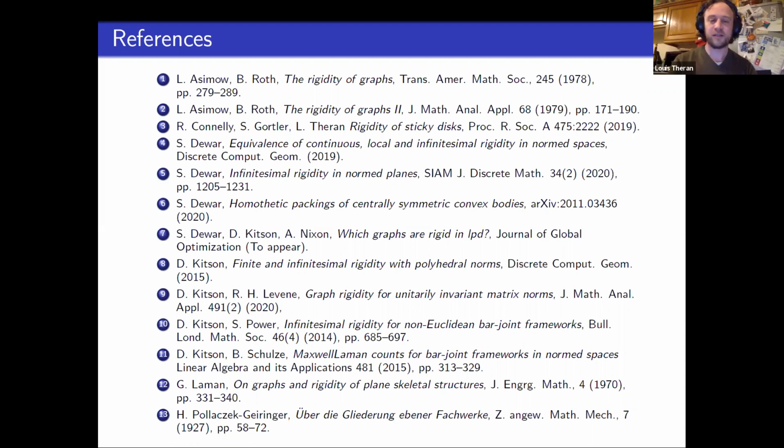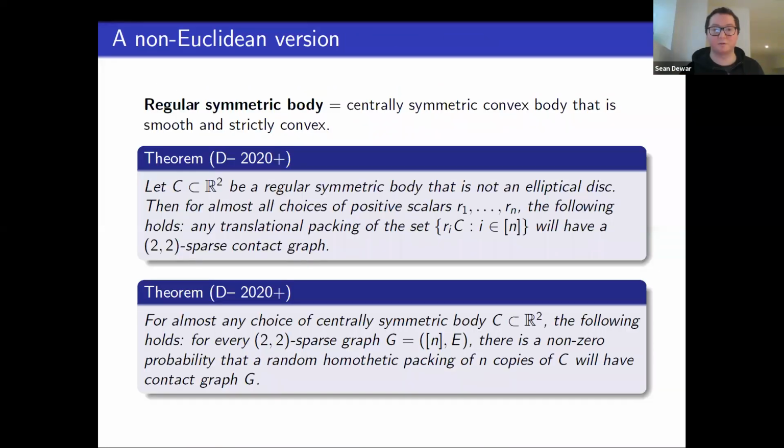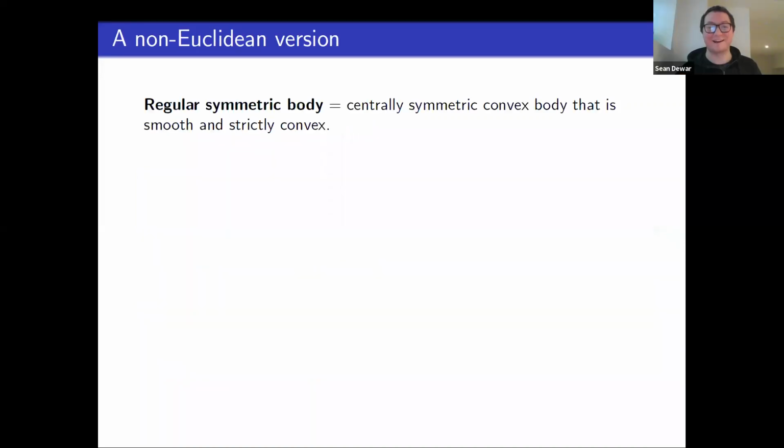So it's about packings. I guess you get the 2-2 count for your packings instead of 2-3. Yep, I'll just show you the result now. This is a bit of a dumbed down version of your result, by the way. I do apologize, but I was trying to make a point about this.